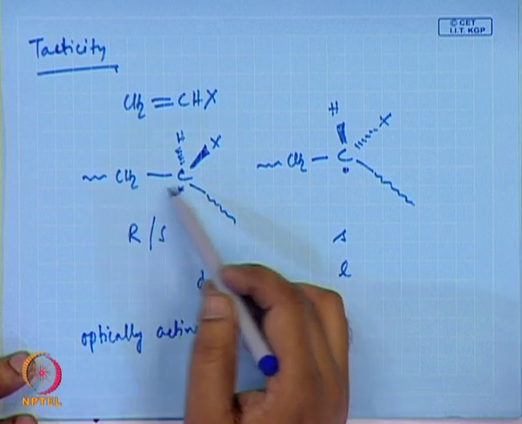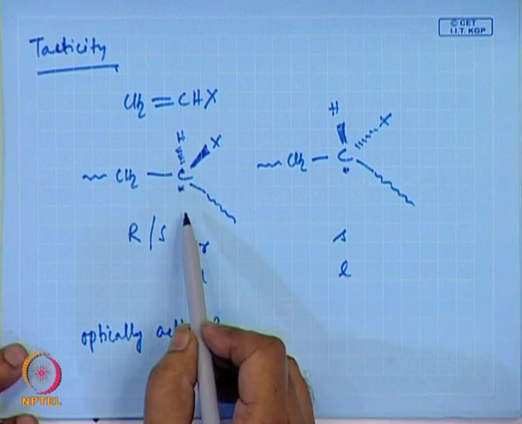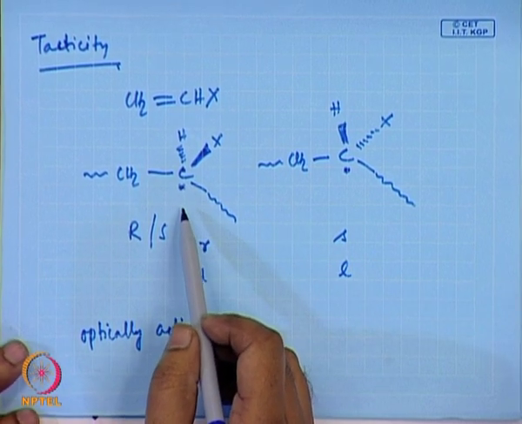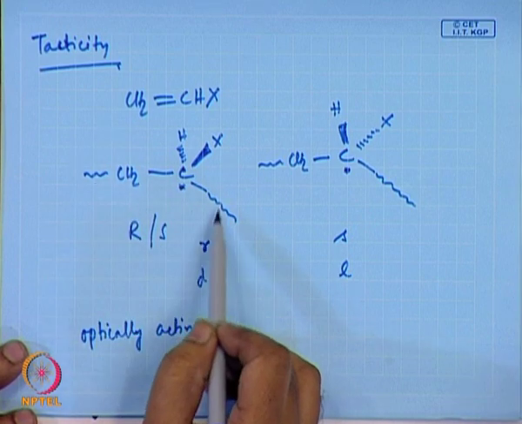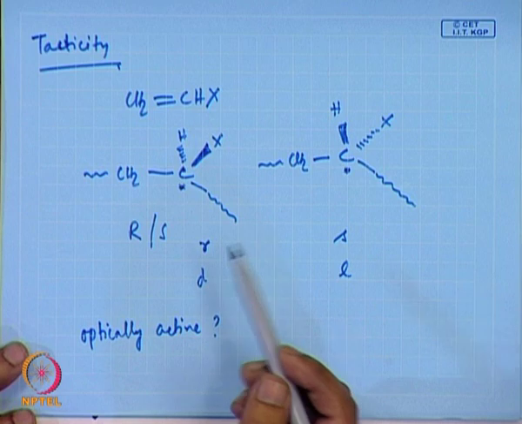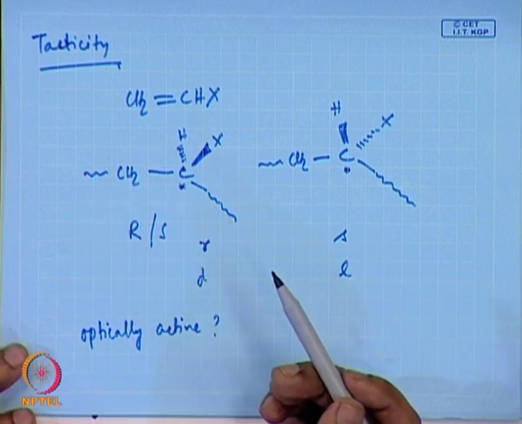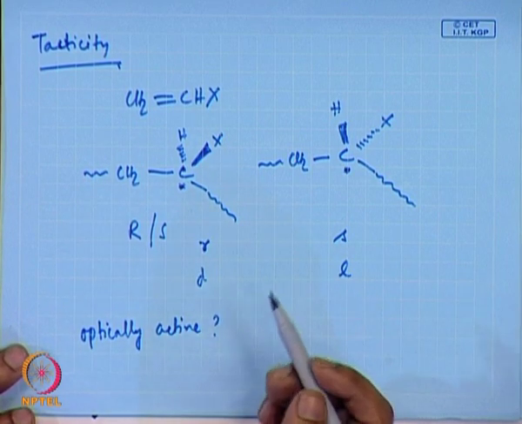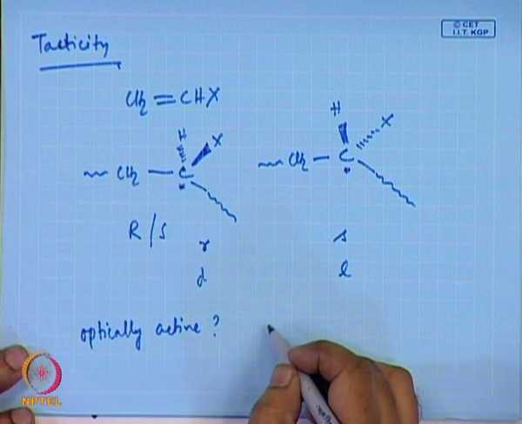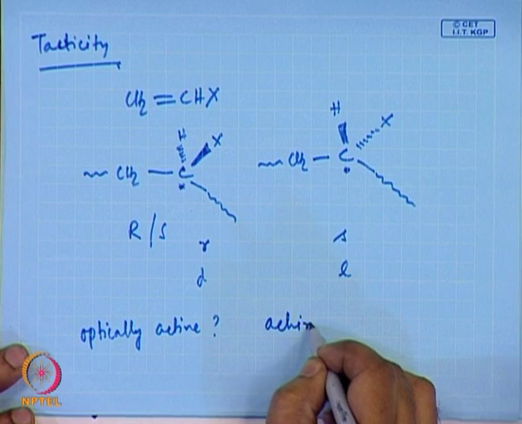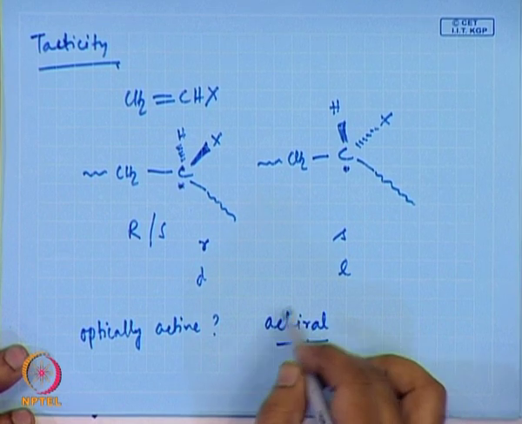So, though in the true sense it is a stereo center and a chiral molecule, because these two are long molecules and the first few atoms are the same, they do not show any optical activity. So, they are basically achiral in nature.